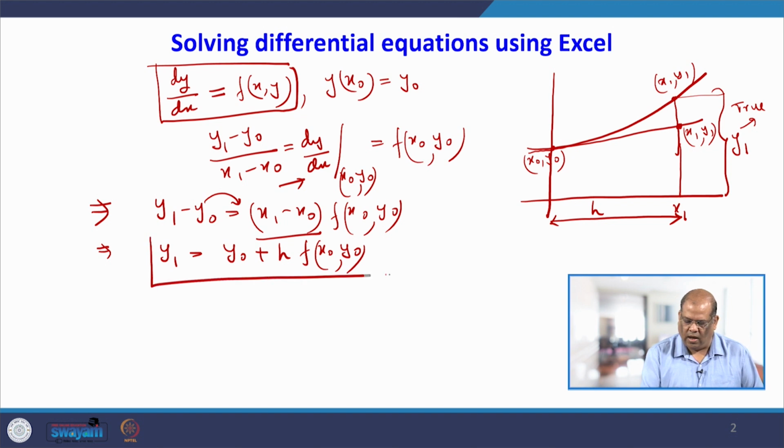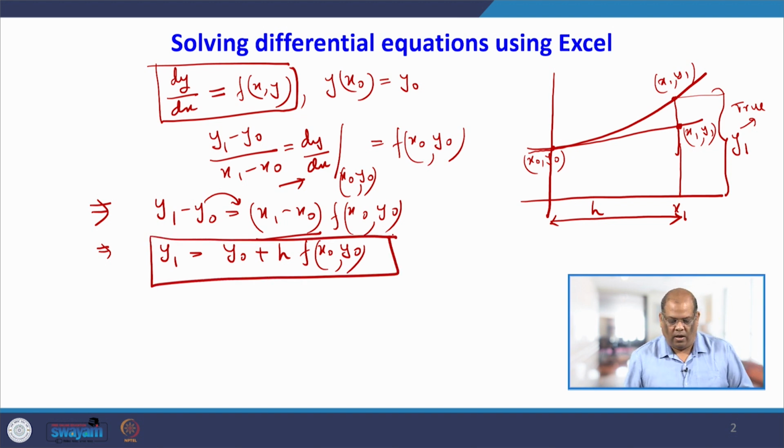So, I get an approximate formula which will give me y1 provided I know what is my x0 and y0, and this h is called the increment.